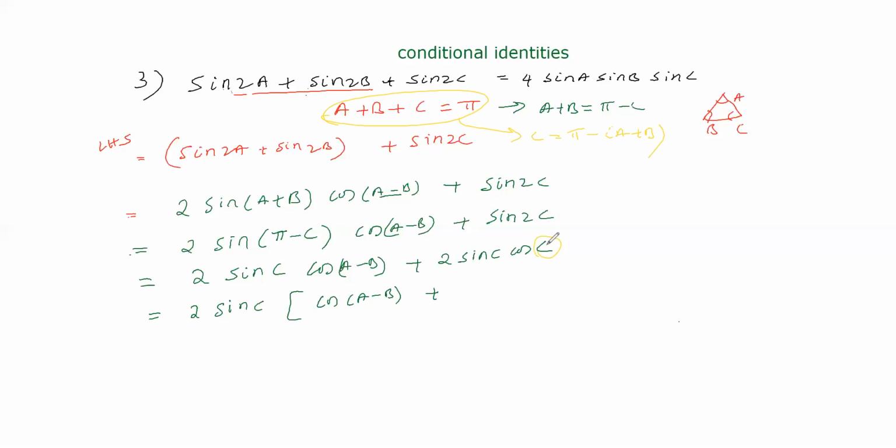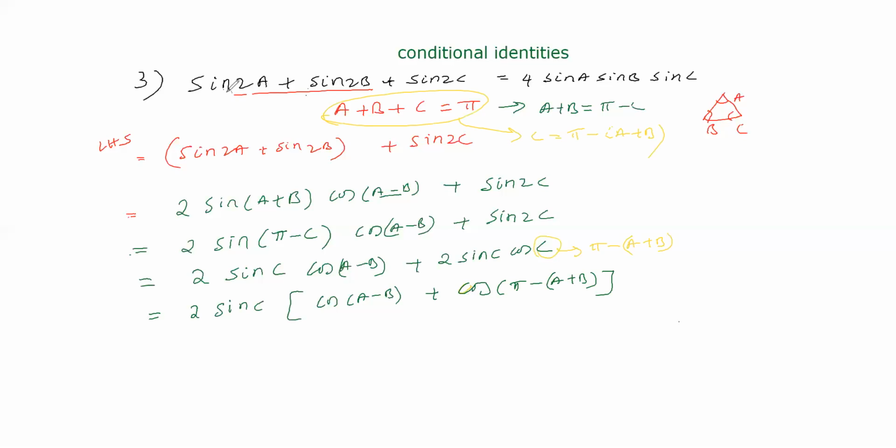So in the place of C we write π - (A + B). So cos C is cos(π - (A + B)).